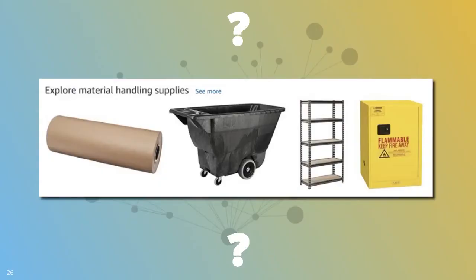At one point I had bought shelves for my garage, but apparently buying shelves for my garage means that I'm interested in material handling supplies. And the only use that I could think of for any of these objects was that flammable keep-away box to store my MacBook Pro in when I'm not using it. But otherwise, why material handling supplies? So anyway, hopefully you build recommendation algorithms that look something better than this.